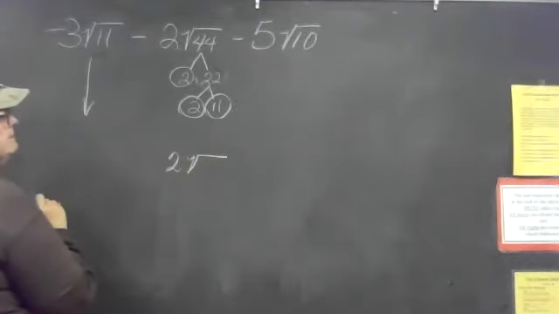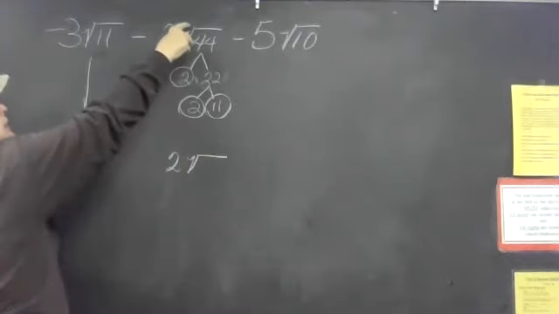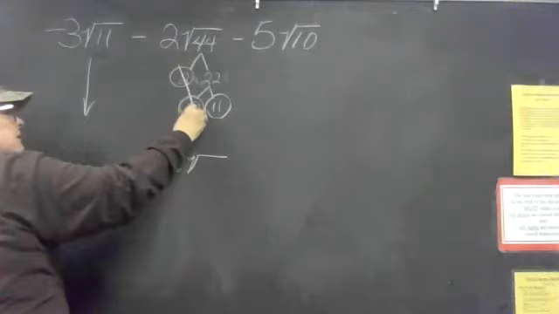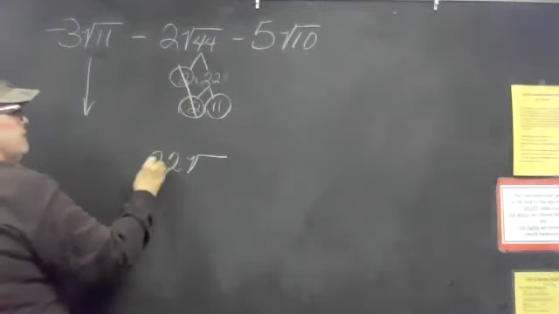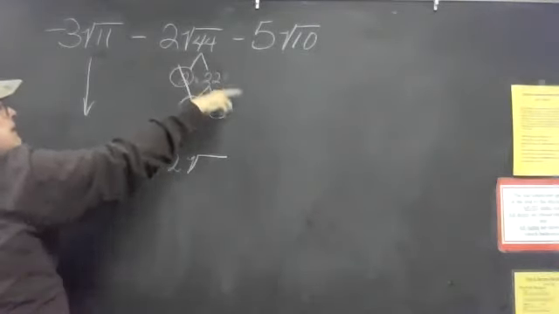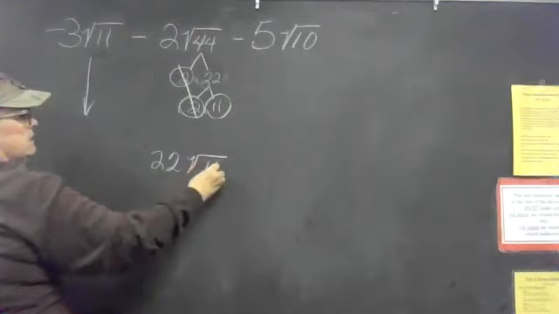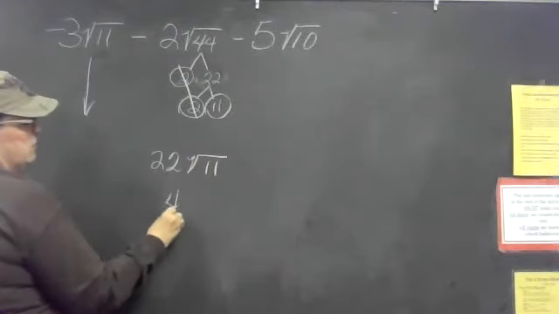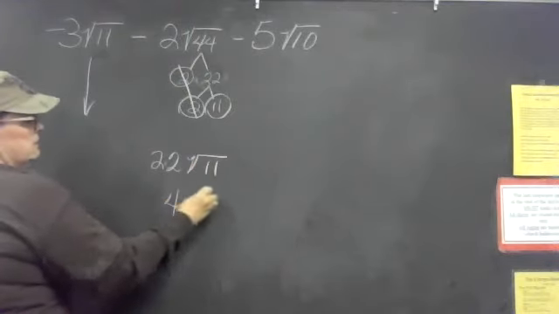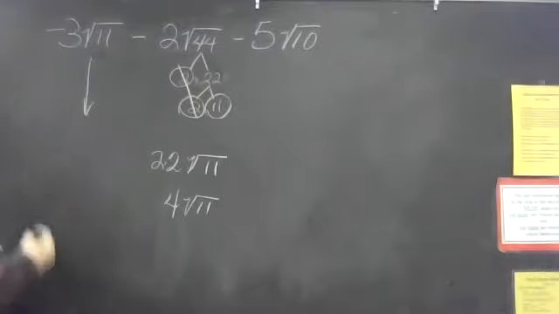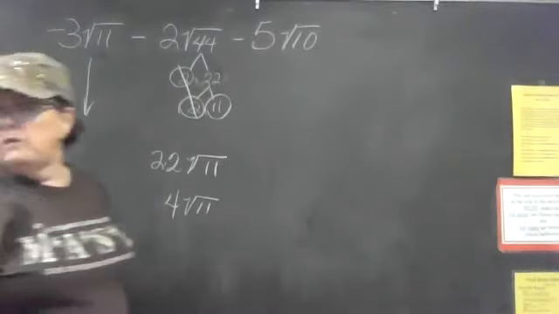Here's the house. I need 2 people in a group. So here's a 2 group that goes out front. The only thing left is an 11. So now I have 4 square roots of 11 for that one. Is everybody following there?